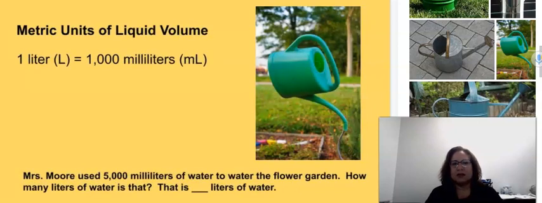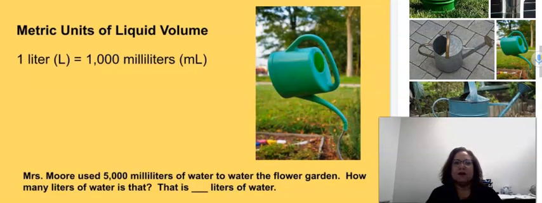Now let's look at metric units of liquid volume. So if you recall, a liter is equal to 1,000 milliliters. Mrs. Moore used 5,000 milliliters of water to water the flower garden. How many liters of water is that? That is blank liters of water.